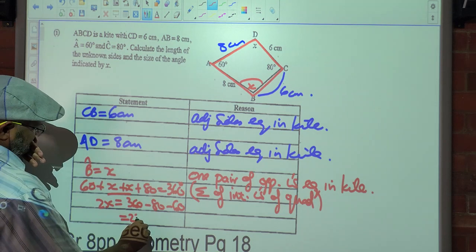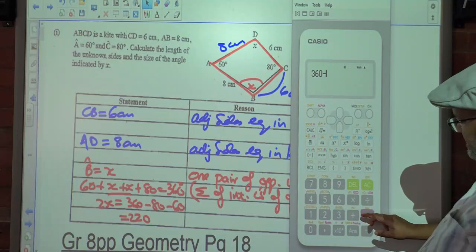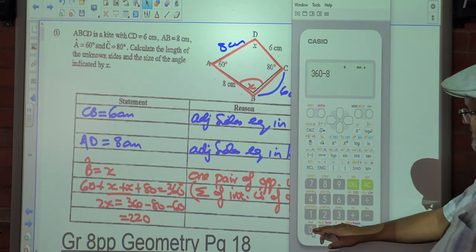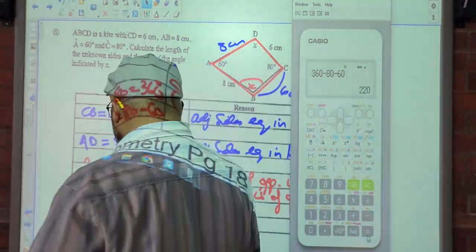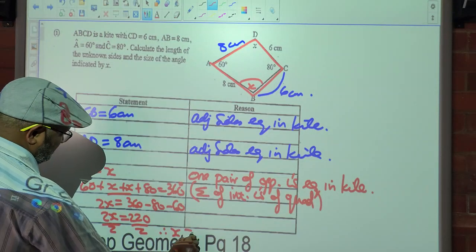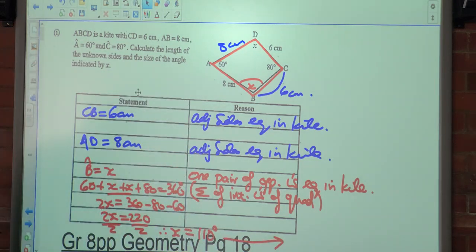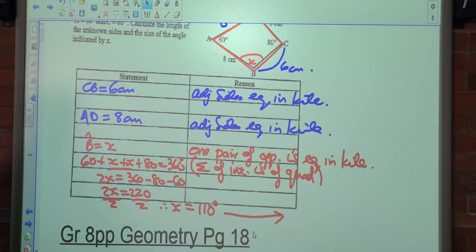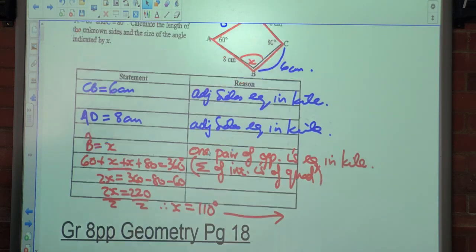Okay, it's the last period of the day. 360 minus 80 minus 60 is 220, yes. So 2X is 220 and then divide by 2. Therefore, X is equal to 110 degrees. Okay. Any confusion here? No?